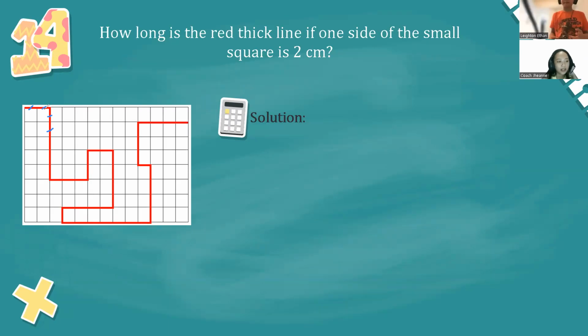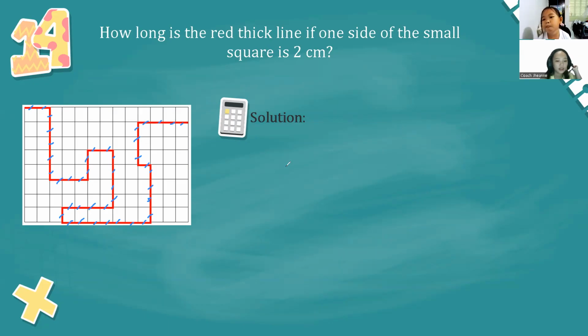Okay, let's count. 1, 2, 3, up to 42. So there are 42 sides that the red thick line has crossed.